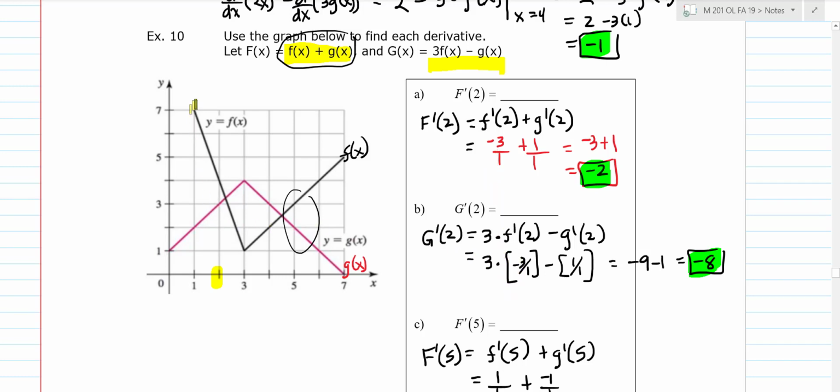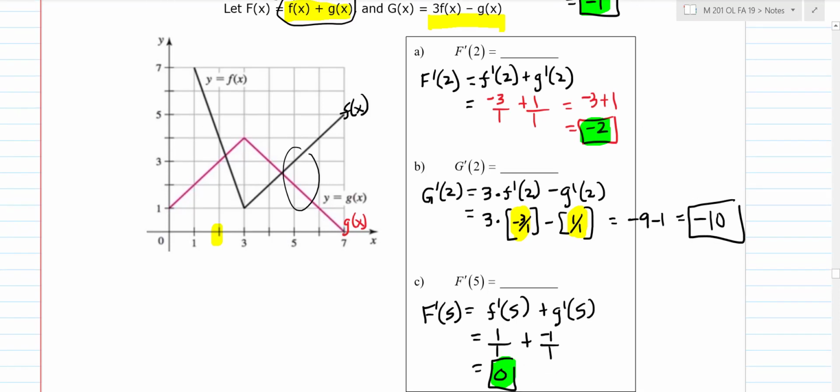The slope of f, which is the black graph, at x equals 2 is you're going down 3, right 1. The slope of g of x, which is red, up 1 over 1. So you get negative 9 minus, okay, now you can laugh at me. Okay, you get negative 10. Just checking. Negative 10, okay?